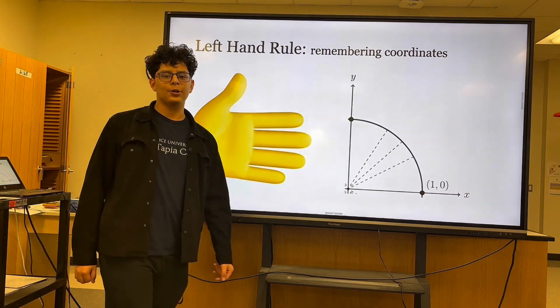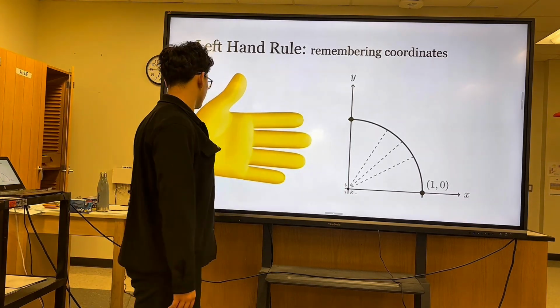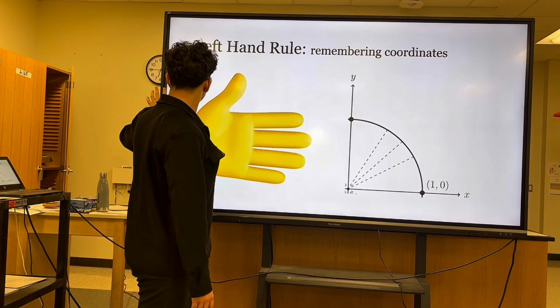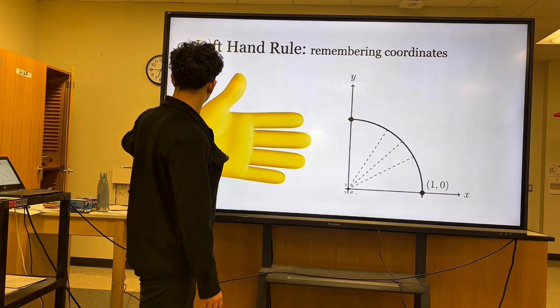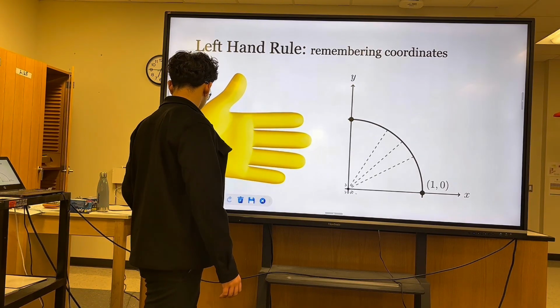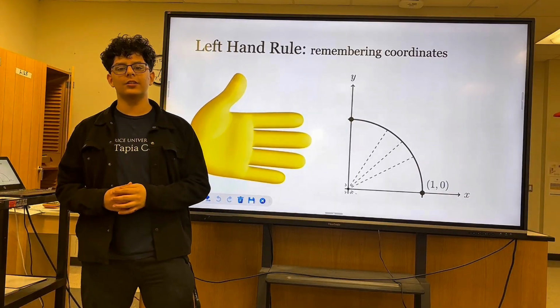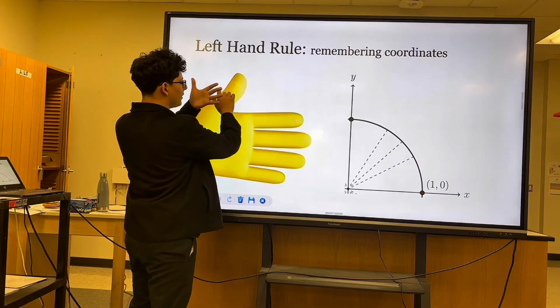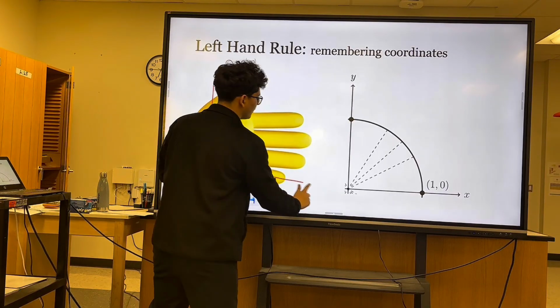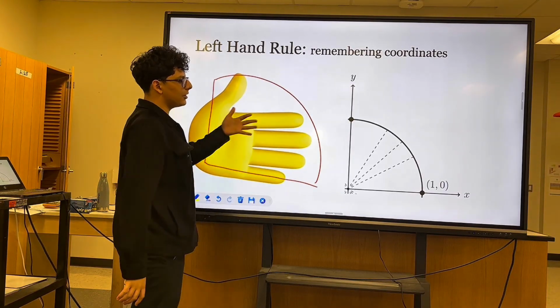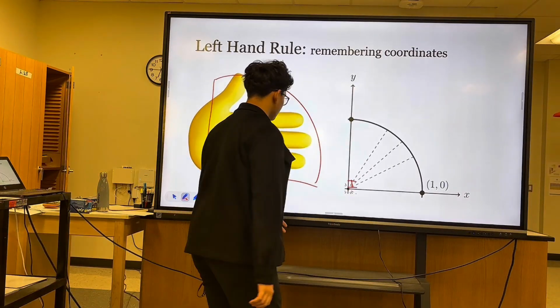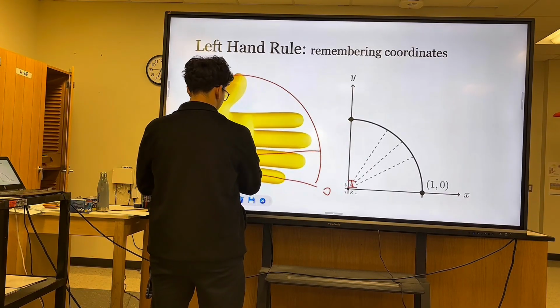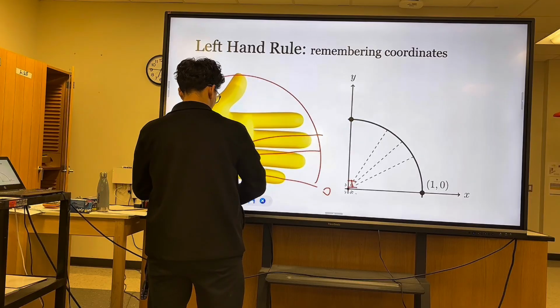All right, so now I'm going to show you how to remember coordinates. An easy way to do this is by using the left hand rule. Using your left hand, you will imagine it as the first quadrant of the unit circle.